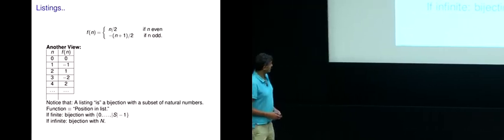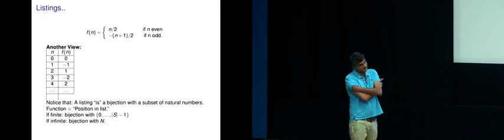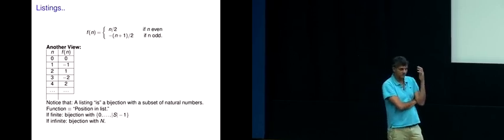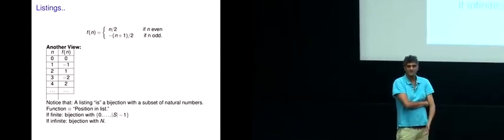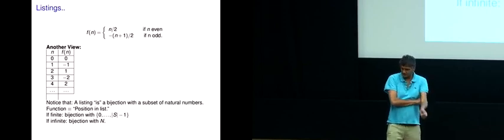So the problem becomes, instead of designing a function, almost designing a procedure. If you want to show something is countable, just describe a procedure that tells you how to generate a list of all your items, where every item is in a fixed finite position.